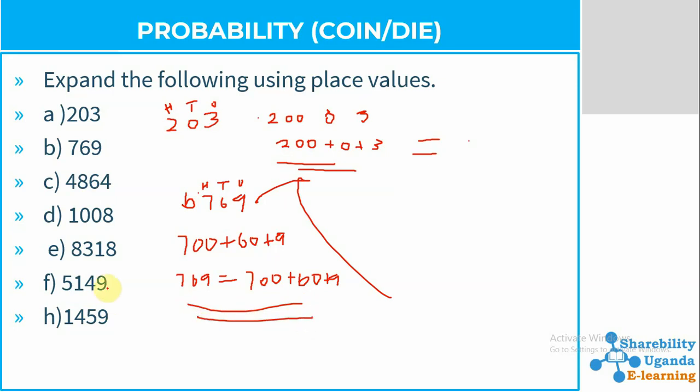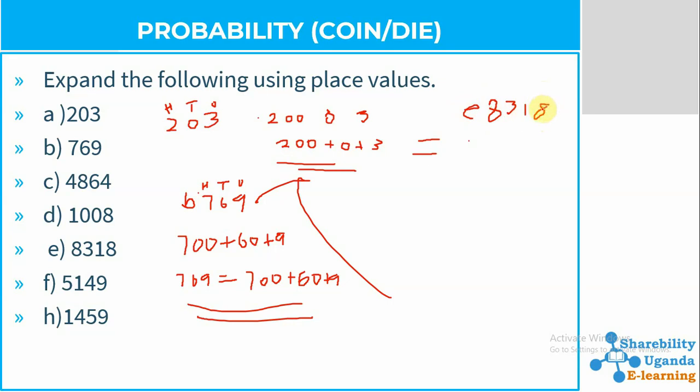So in doing this and expanding these numbers, we shall also need to have the knowledge of what? The knowledge of place values. So if I may, let me choose the biggest one here. I choose E, part E, which is 8, okay, then 3, 1, then 8.